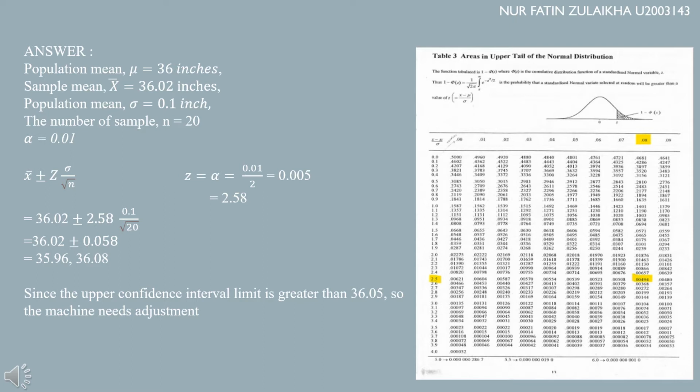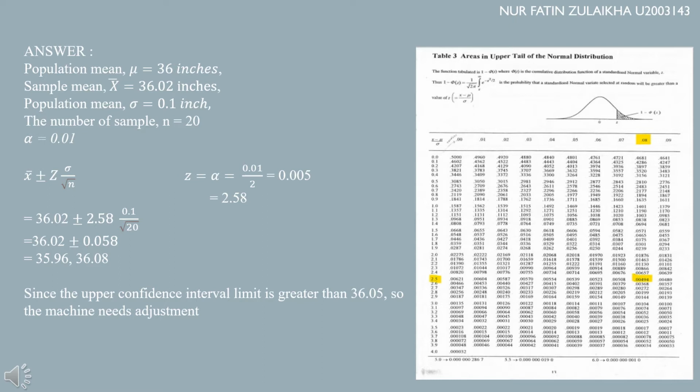Step 2, we need to determine the z-score. We subtract the confidence level from 100% to get alpha. So alpha equals 1 minus 0.99 equals 0.01. Alpha divided by 2 equals 0.01 divided by 2 equals 0.005.